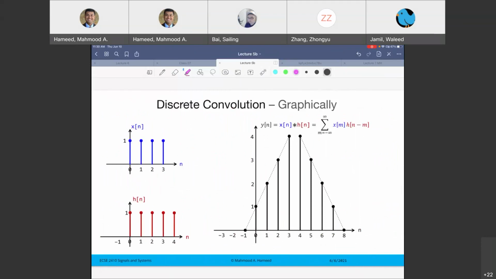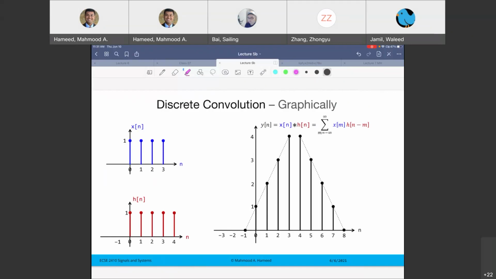So let's talk about one thing that you will hear multiple times with convolution. Rectangle convolved with another rectangle. This is a rectangle sequences, right? Rectangle convolved with rectangle can either be a triangle or a trapezoid.